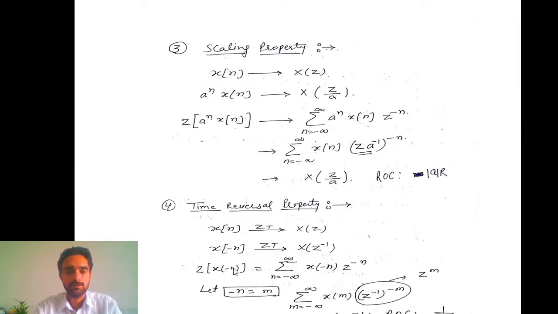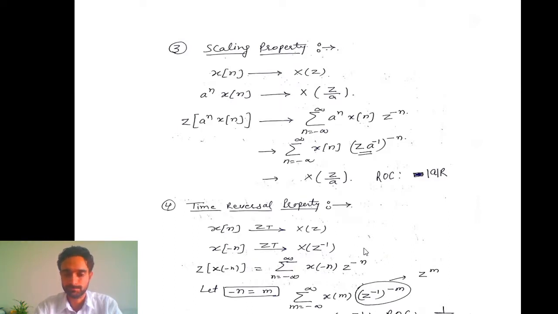So we can define the reversal property as follows: if x of n is the basic signal, then the z transform is x of z, and if we reverse this signal as x of minus n, then the z transform is x of z inverse.